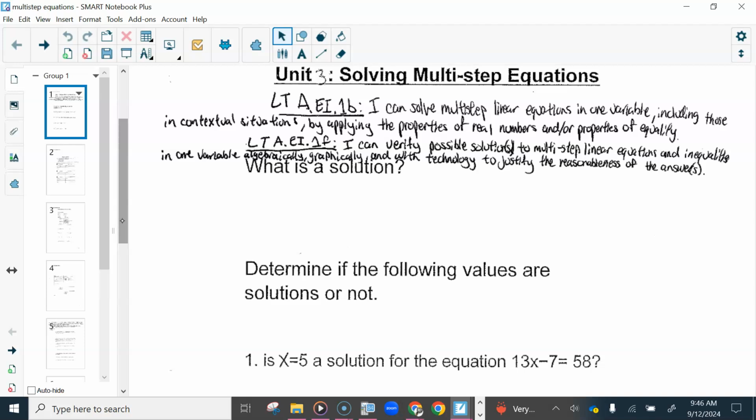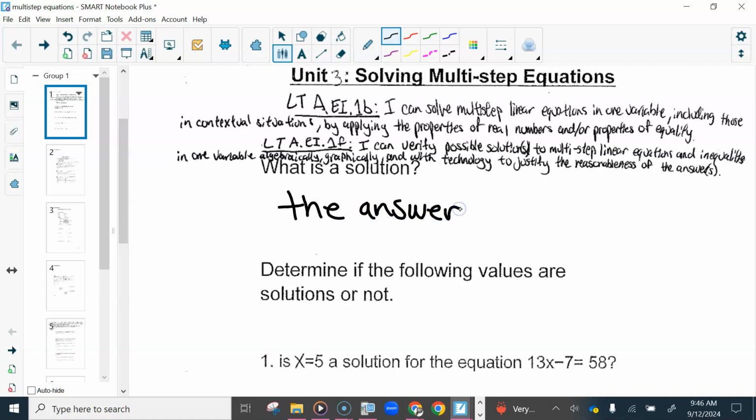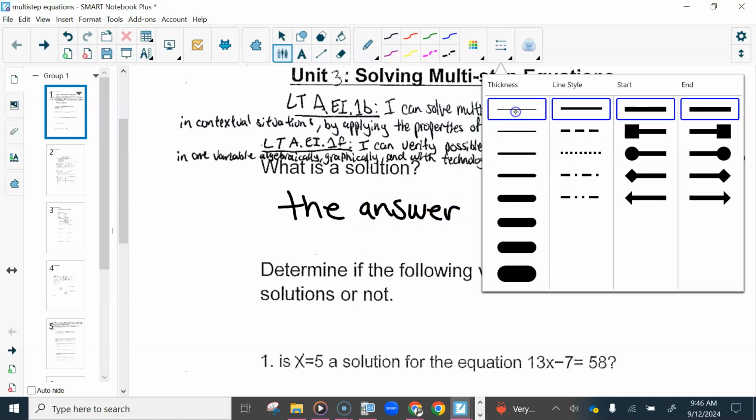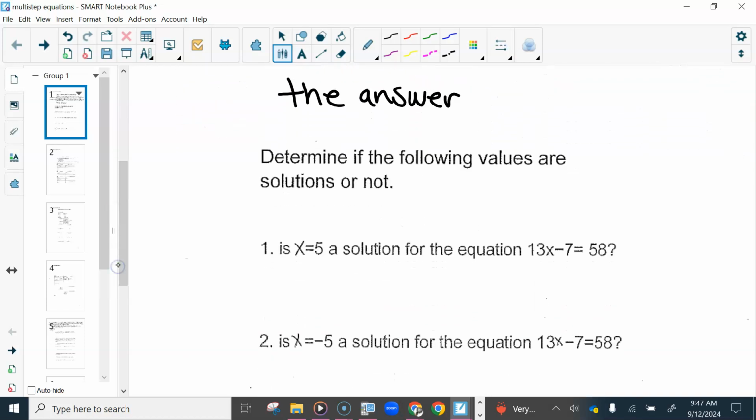Like the answer. Okay. Maddie, what were you going to say? Okay, so sure, the answer. And then in these next ones, we're going to determine if the following values are solutions or not.